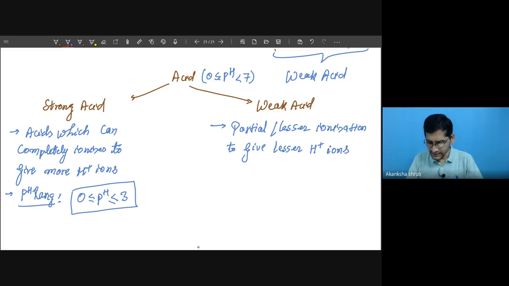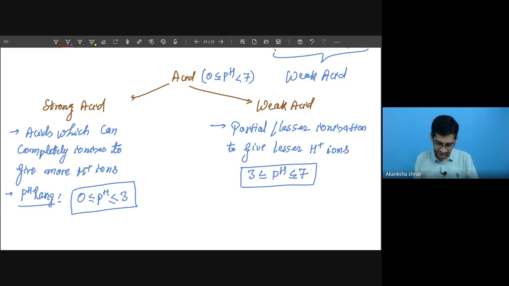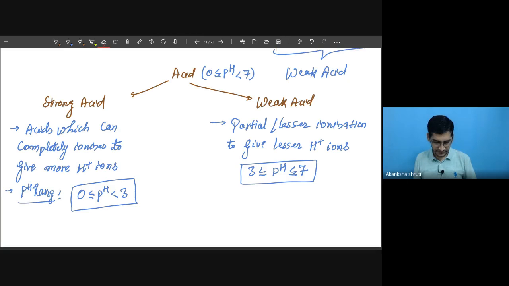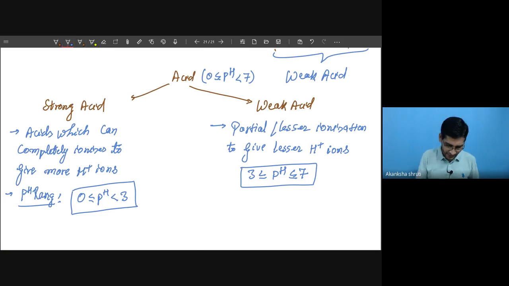So in this case, the pH values vary from 3 to around 7. If it is exactly 7, then it is neutral. So this is the pH range that we have to keep in mind. This is the intermediate one, I mean 3 is the intermediate one. You may remove this one also. Let me write a few examples.